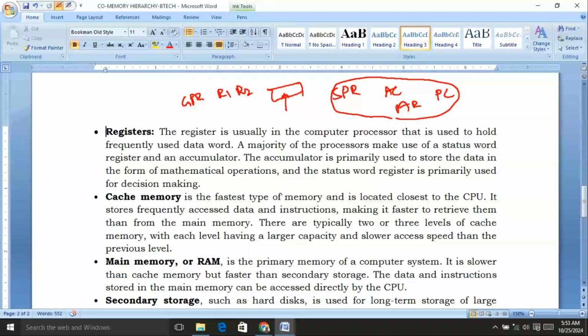And the cache memory, I will tell you, is placed between the RAM, the primary memory, and the processor. It holds the most frequently used information. Suppose this is the processor and this is the random access memory.